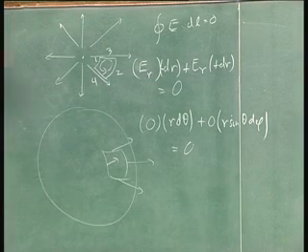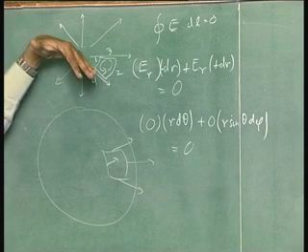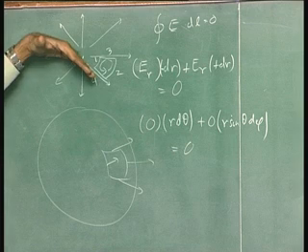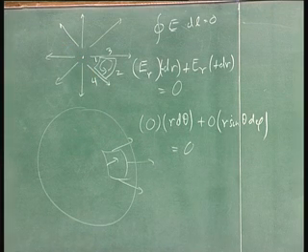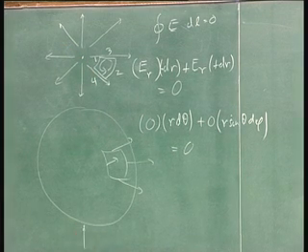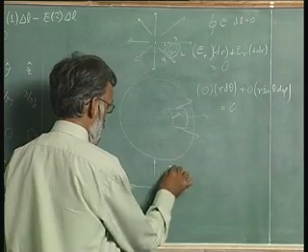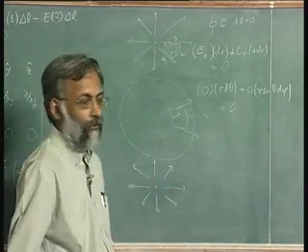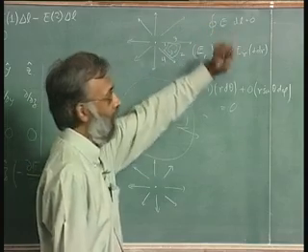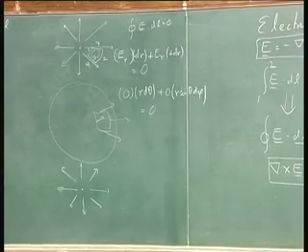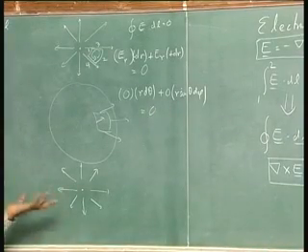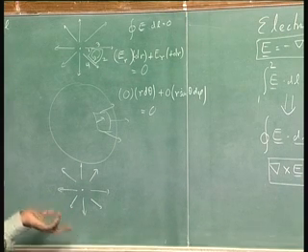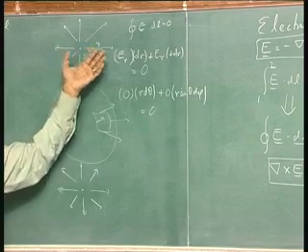That is, if I cut the 3-dimensional picture vertically, I will still find that I have a charge in the middle and electric field pointing in all directions. So, no matter what I do, I am getting integral E dot dl is 0. As I said, this is what I expect. Electrostatic fields cannot give me E dot dl non-zero, but it is good to always draw these pictures and make sure.